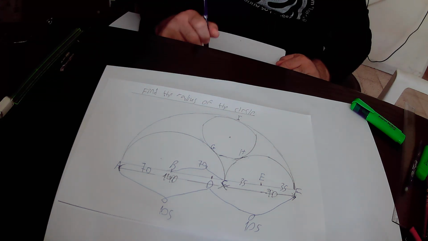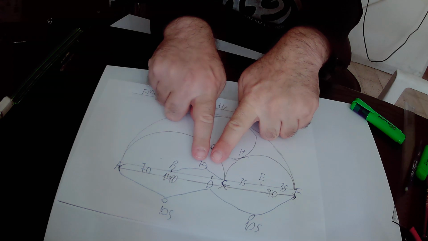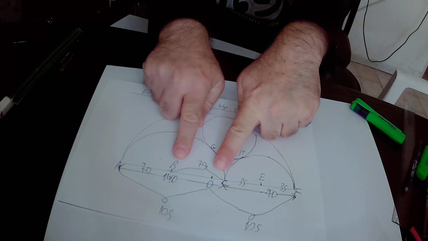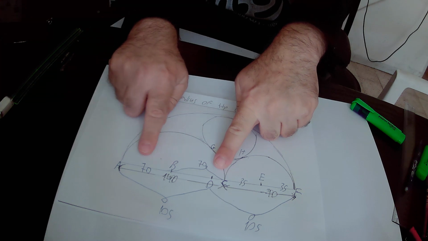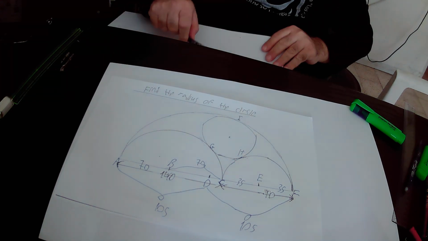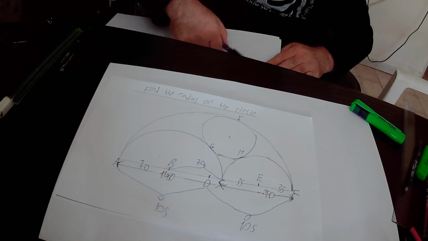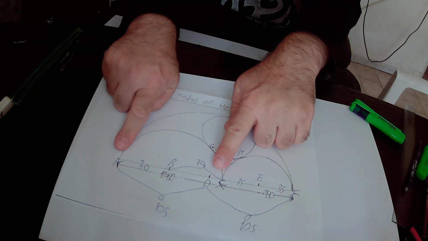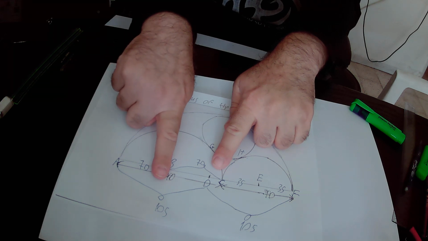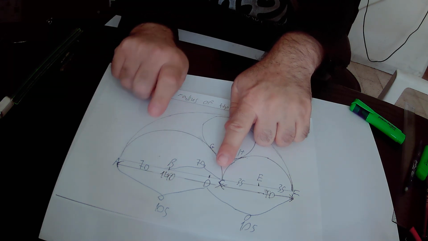Again, BO equals OA minus BA. So BO equals OA minus BA, where OA equals 105 units. It is the radius of the biggest semicircle.